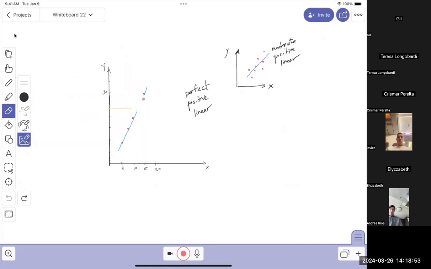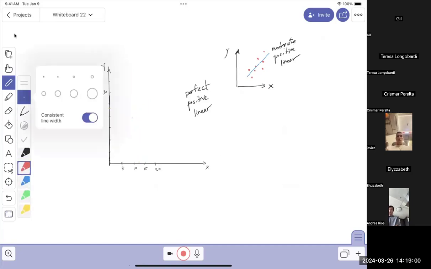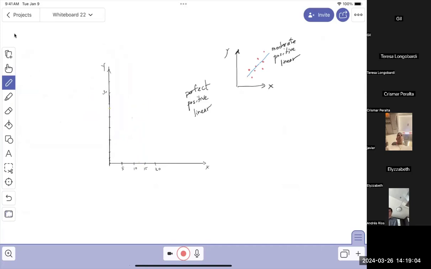I'm just going to draw this again. How about that? It's not going to be a perfect drawing, but it's going to be like whatever it was. I think it was steeper. Yeah. There was one in between here, I think.